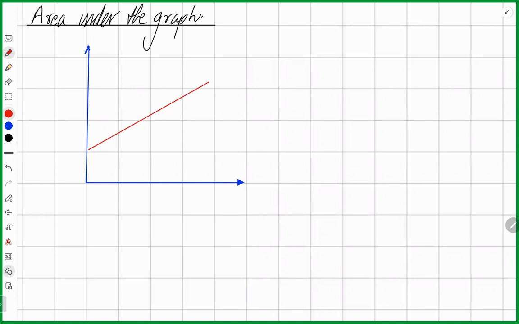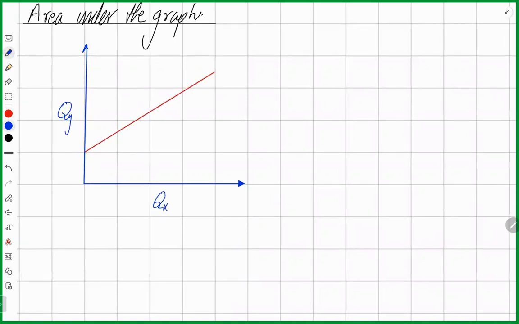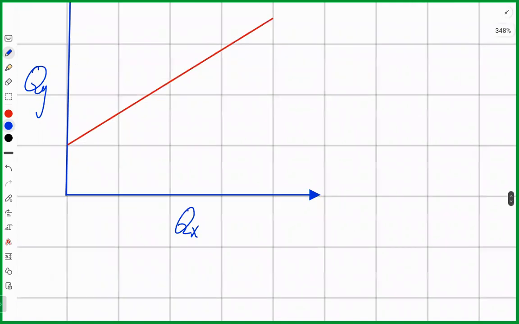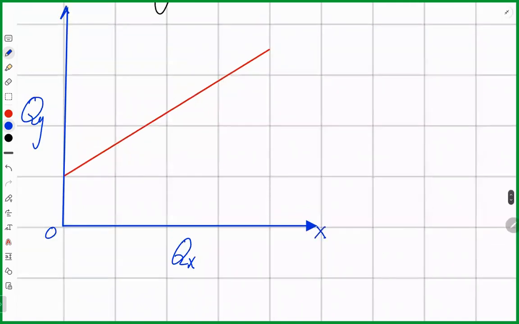So this is the quantity on the y-axis, and the quantity on the x-axis. Just focus on the x-axis. This is the x-axis, the horizontal axis, and the red line is the graph.